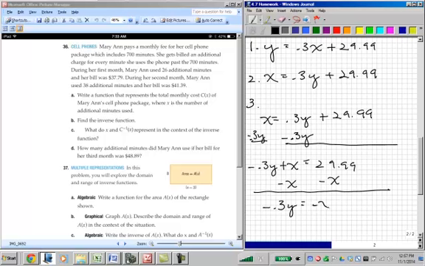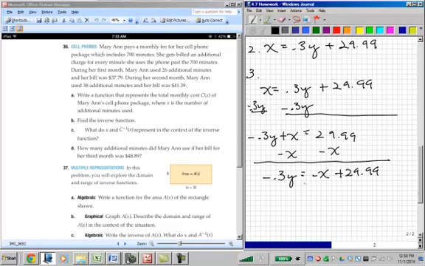0.3y equals negative x plus 29.99. Okay, now we're going to divide everything by 0.3. So, negative 0.3, sorry.